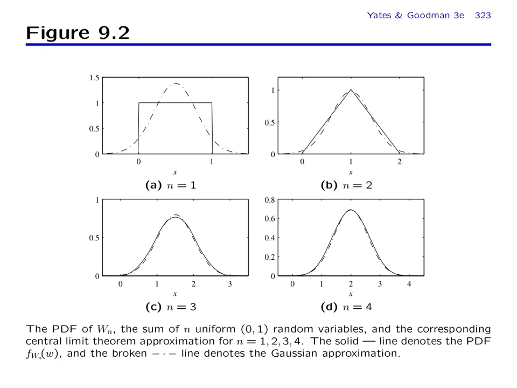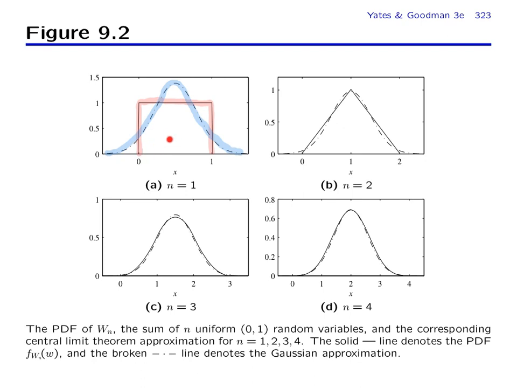So for instance, here at n equals 1, we have a single uniform 0, 1 random variable. The PDF is this box. And here is the Gaussian with the same mean, expected value 1/2, and the identical variance 1/12.